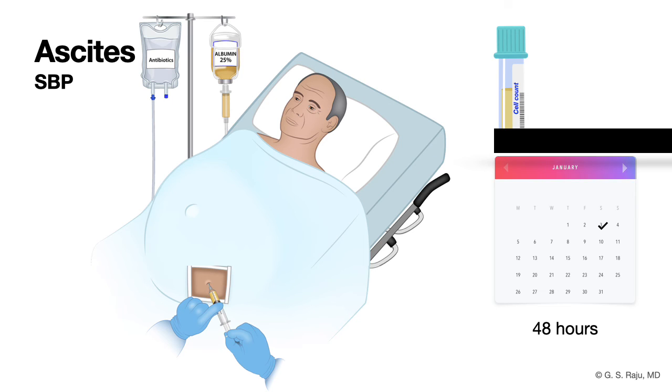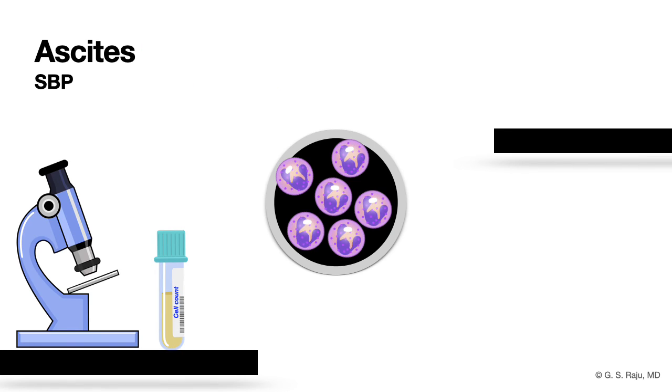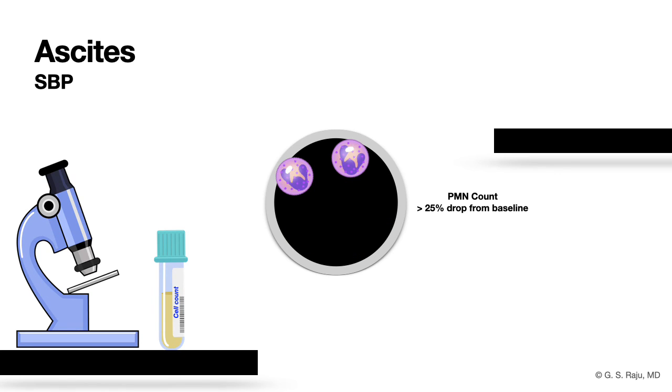How do you know whether your antibiotics are taking care of it? You look at the cell count. If the polys decrease by more than 25%, you know that you're going in the right direction.